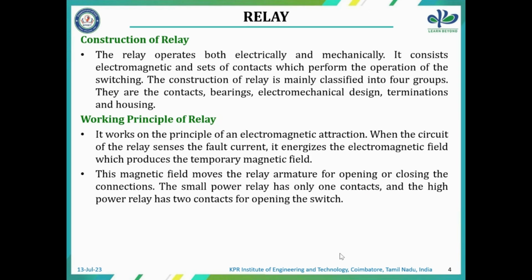We have seen the construction also. It operates both electrically and mechanically, and it consists of an electromechanical setup in which the switching operations can happen. It consists mainly of four groups: contacts, bearings, electromechanical design, and termination and housing. Contacts are for making and breaking.